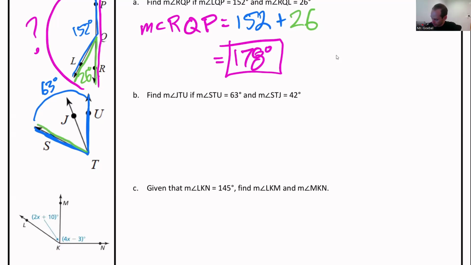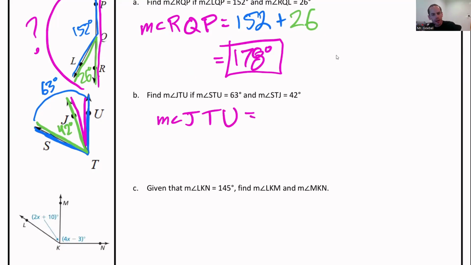S to T to J, 42 degrees. And the angle we're trying to find here is JTU. So the measure of angle JTU.